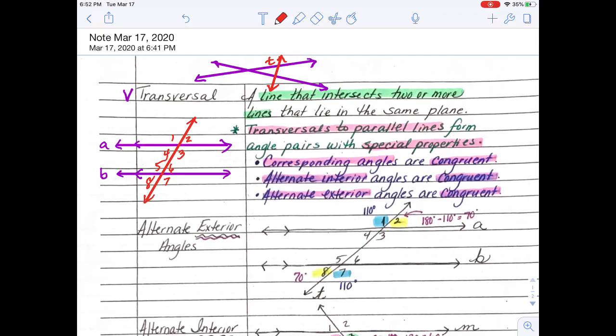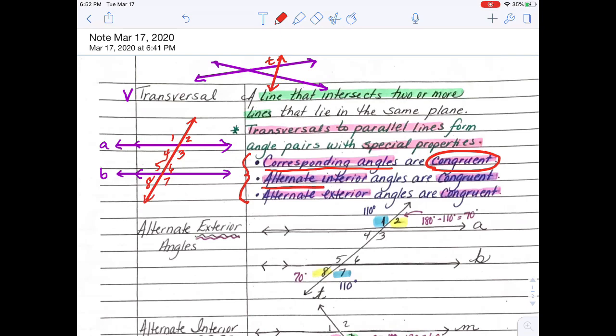Now the reason that's true is because of these 3 rules. It's talking about corresponding angles. If these lines were parallel and a third one, a transversal, cut them, corresponding angles are all going to be congruent, which means they're equal.